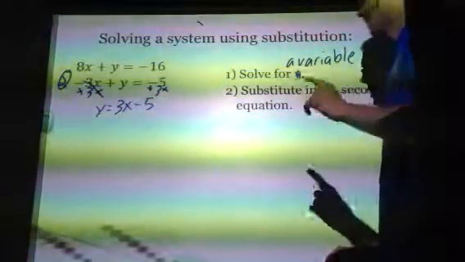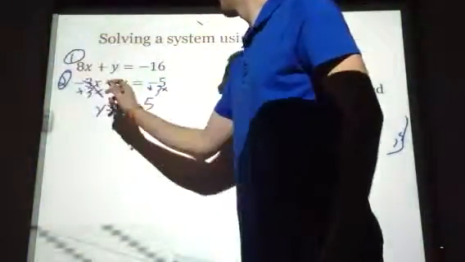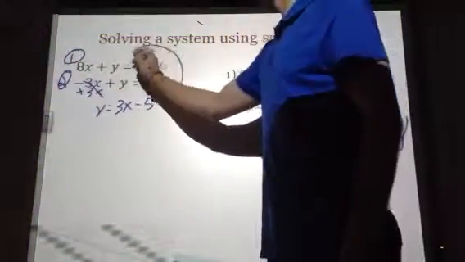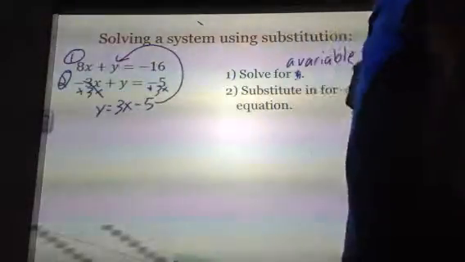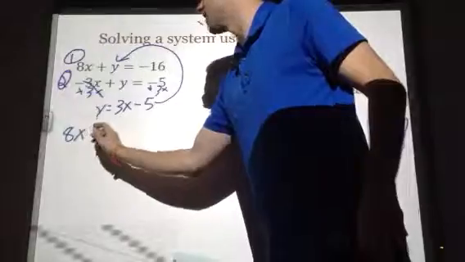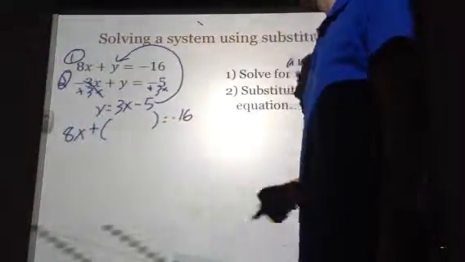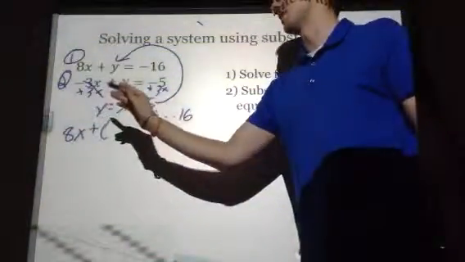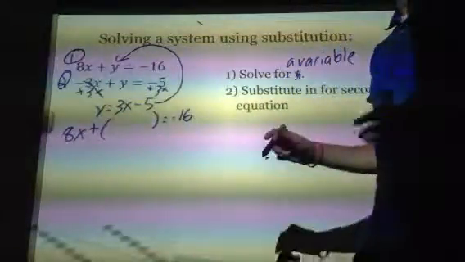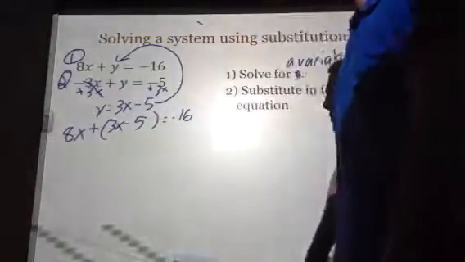Substitute it in for the second equation. So what that means is we're going to substitute what y is into the second equation. Okay, so that second equation is going to be 8x plus whatever y is equals negative 16. So now we know y is the same thing as 3x minus 5. So we can substitute 3x minus 5 in for y in that other equation.